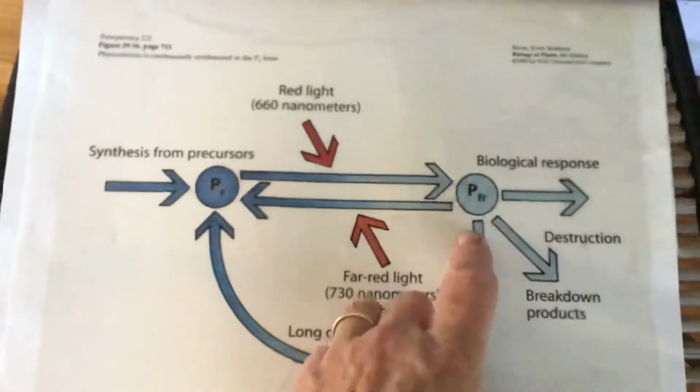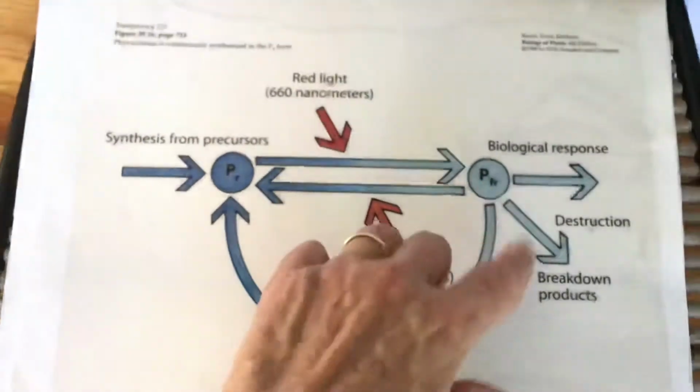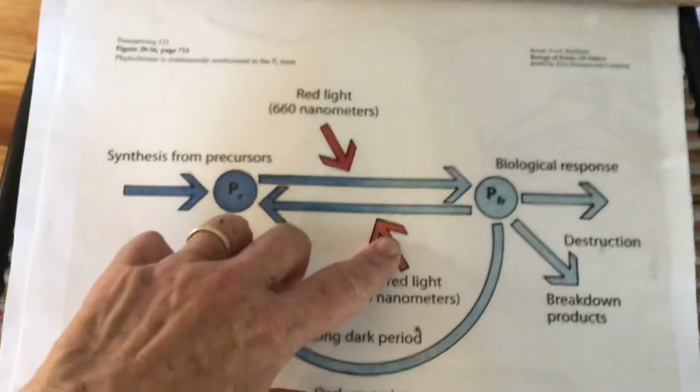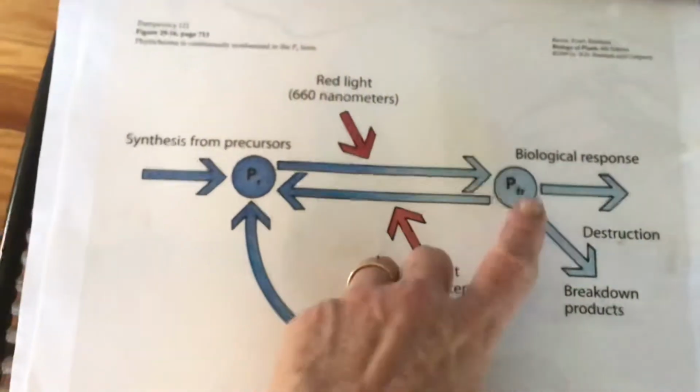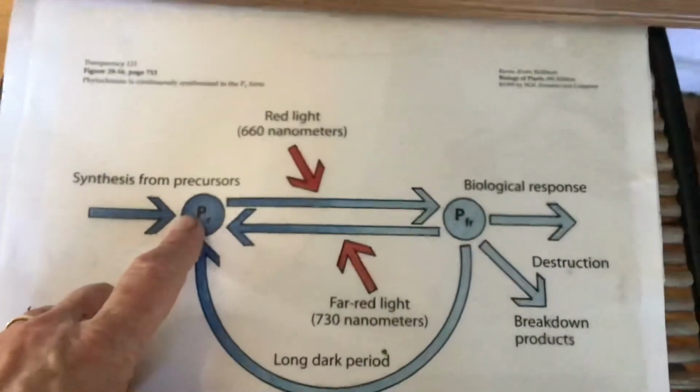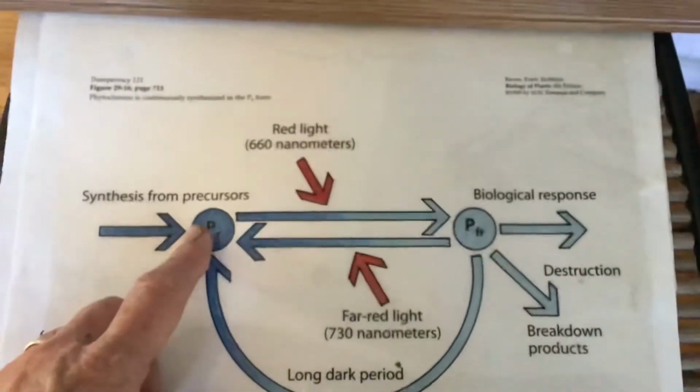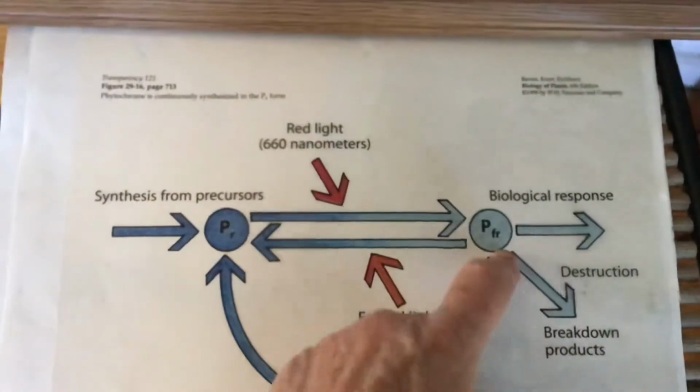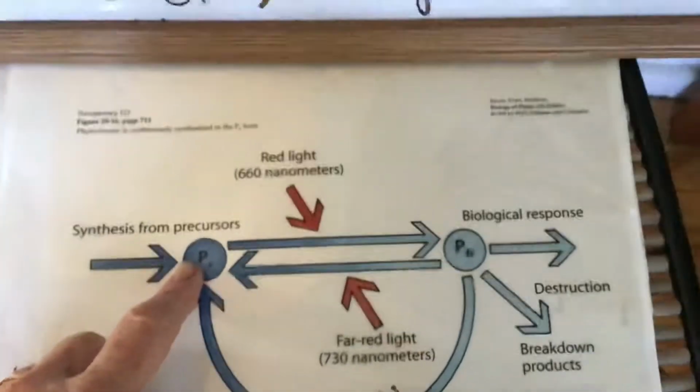Then at nighttime, when the far red shows up or it's dark, the PFR is converted back to PR. So this pigment gets converted during the day to PFR, and then during the night back to PR.